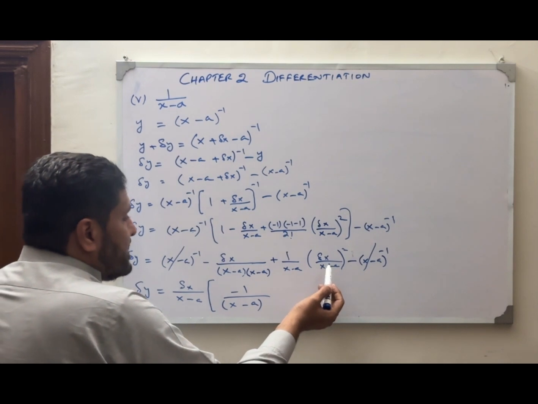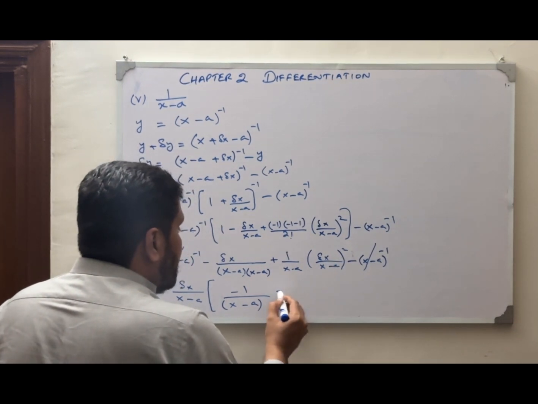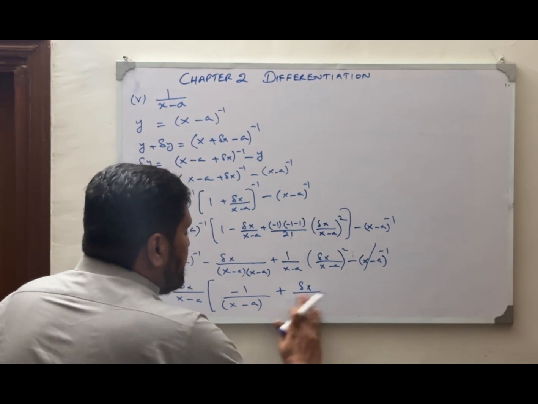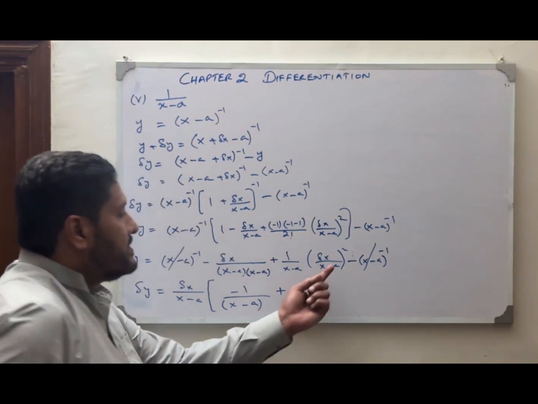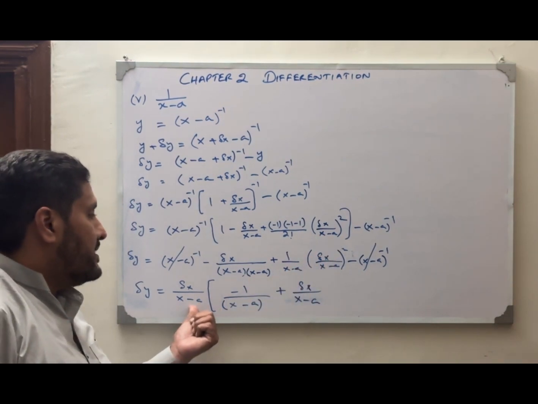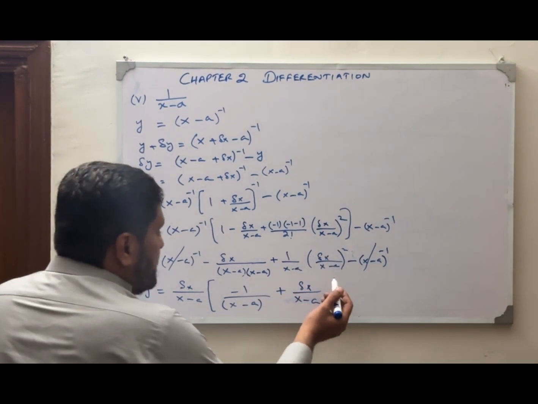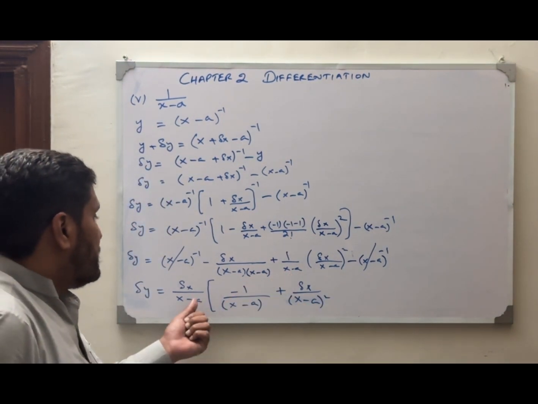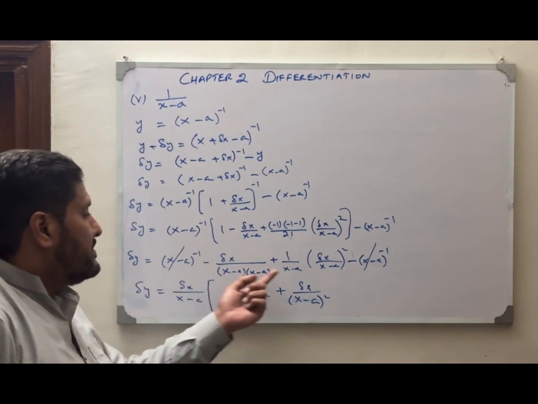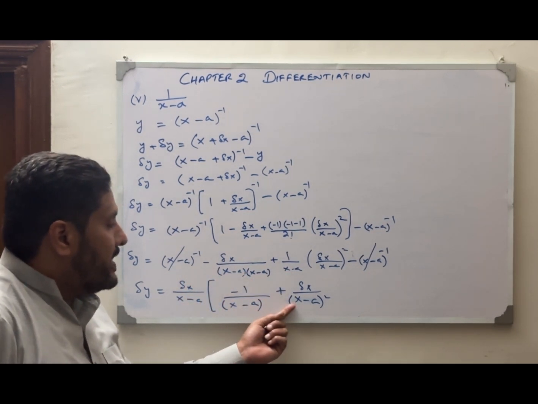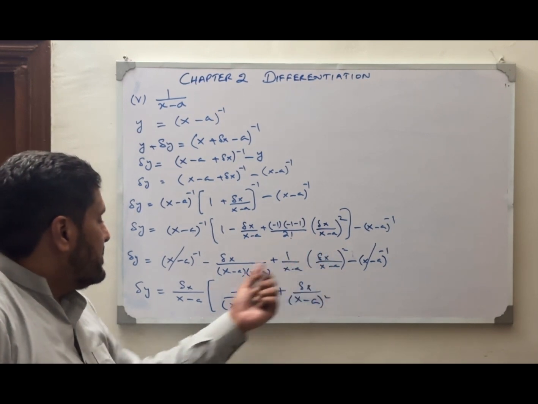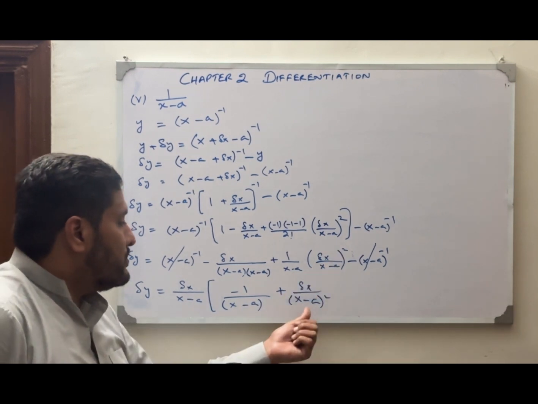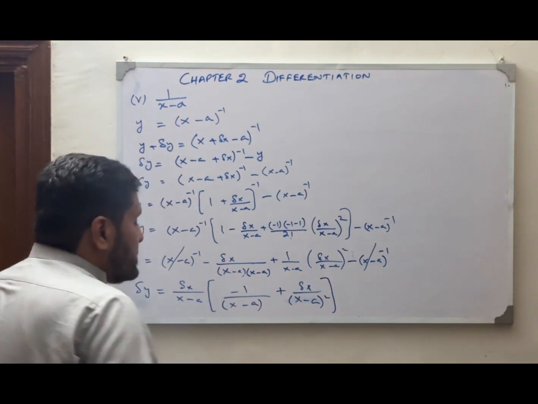Delta x is also taken as a common, so the second term will become delta x by x minus a, as from this x minus a square we have taken x minus a, this will become x minus a whole square, because x minus a is taken common, one x minus a from this term and x minus a from this term, so this will remain as it is delta x square, as delta x is common, so it is written once in the expression and then x minus a whole square, so by taking delta x common.